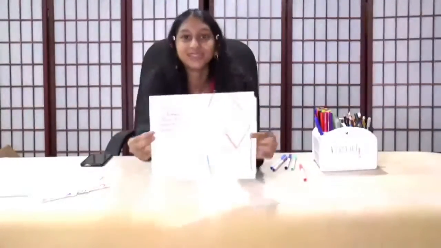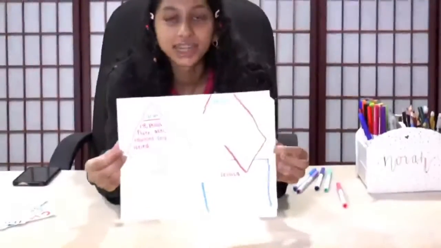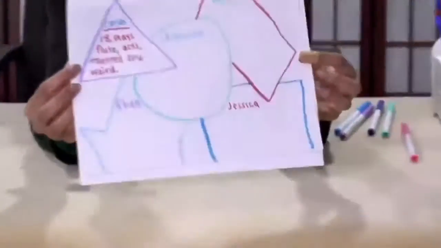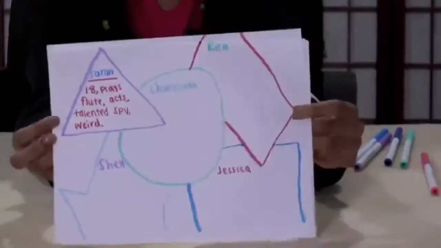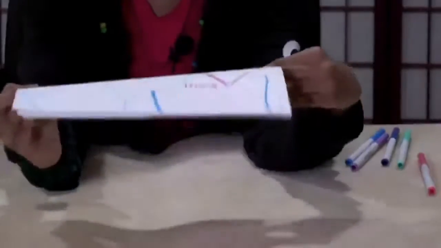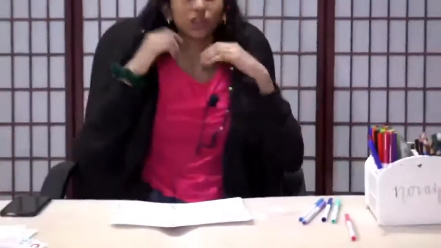So, I have Sarah in the triangle. Let me read it. She is 18, plays the flute, she acts, she's a talented spy, and she's weird. So that's what the creative writing is about. Even though I wasn't expecting to write weird down for her, that's the first thing that came to my head, so that's what I did.